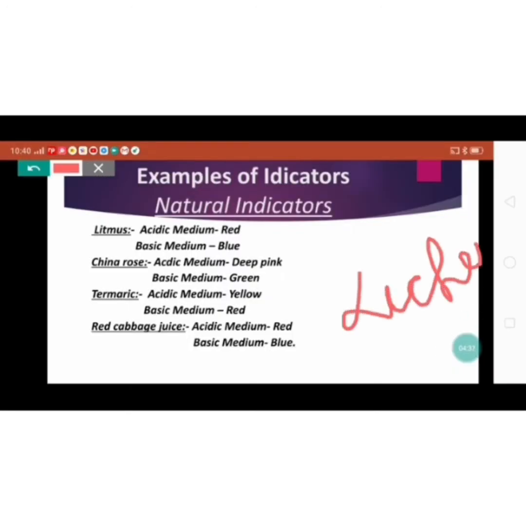Lichen. This word you got in biology also. Okay, so this plant is required to make litmus.